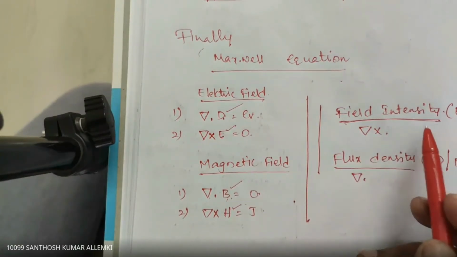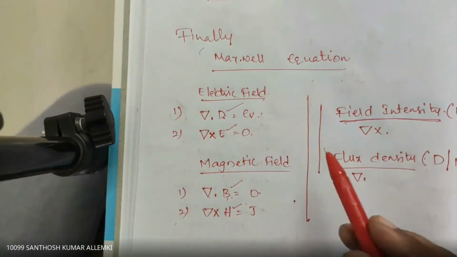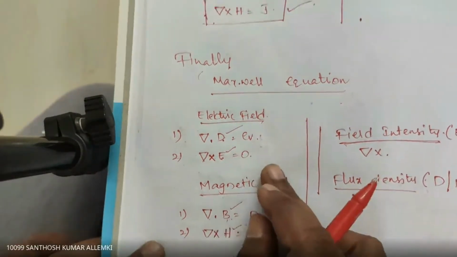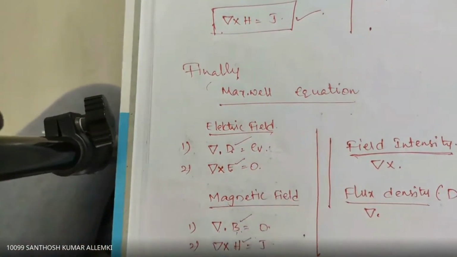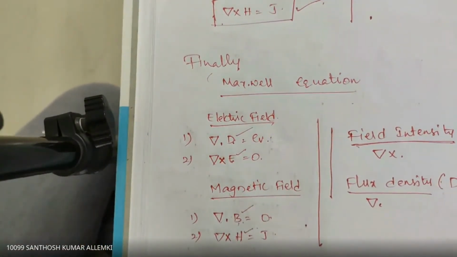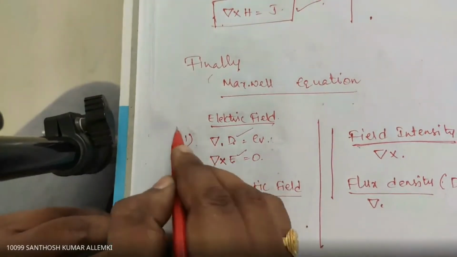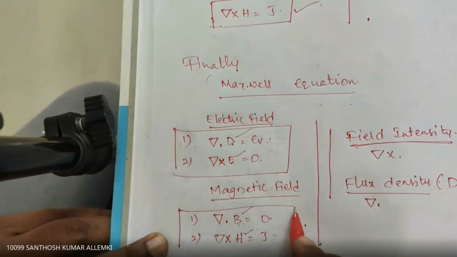Everyone has to remember this, and Maxwell equations are very important in your academics. With these Maxwell equations you can handle the next semester subjects, antennas and wave propagation as well as microwave engineering. In those two subjects, Maxwell equations play a key role. This is the first two and this is the next two.